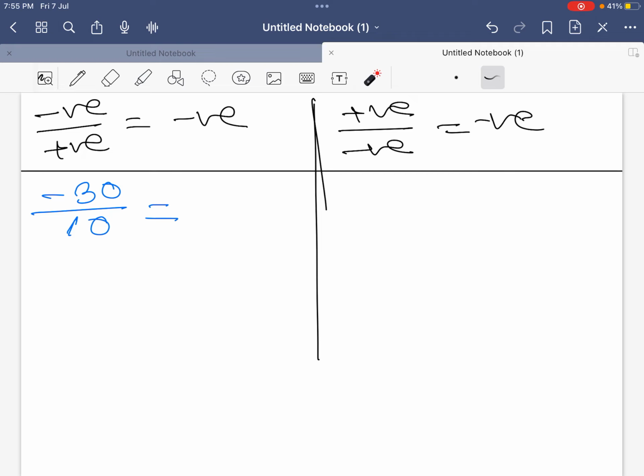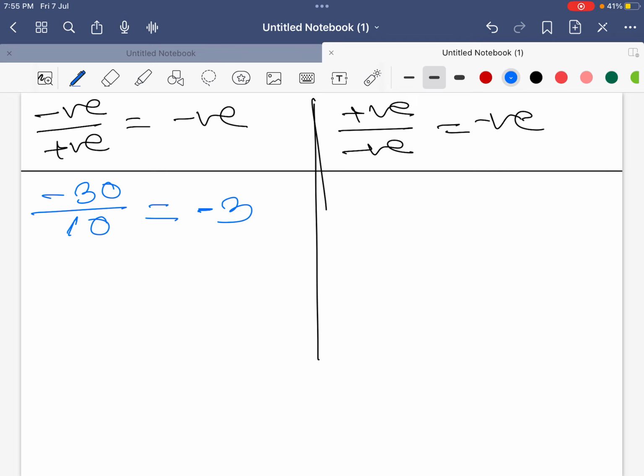So what will happen in this case? 10 and 0 cancel with each other, otherwise we write it like this: 10 1s are 10, 10 3s are 30. So your answer is 3, but because of this minus, we know that if any one term is negative, then your answer is negative. So your answer is minus 3.